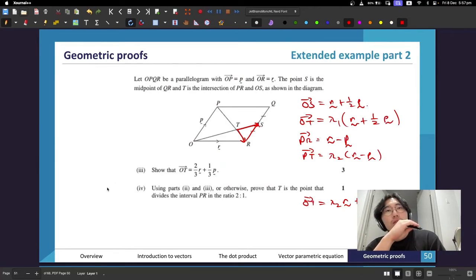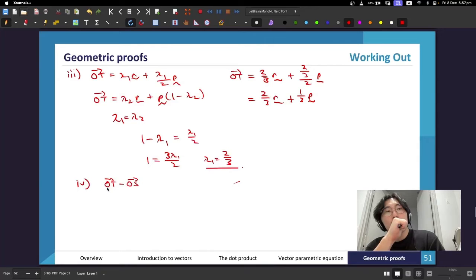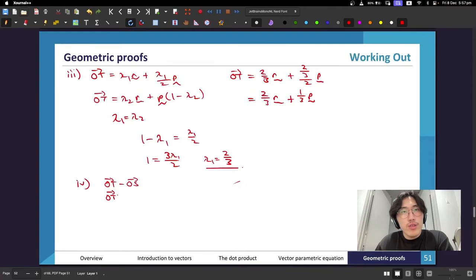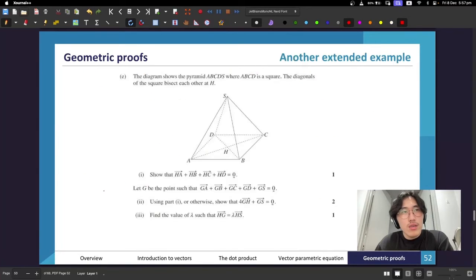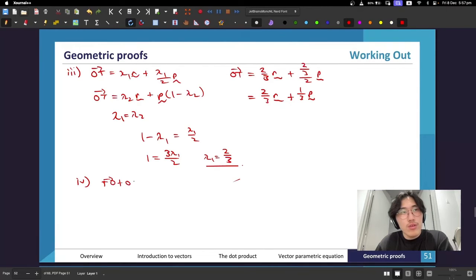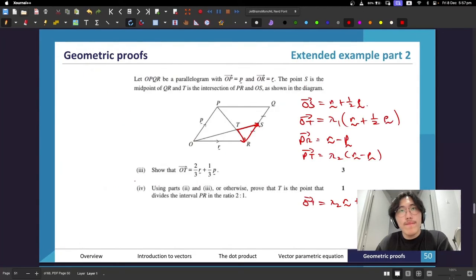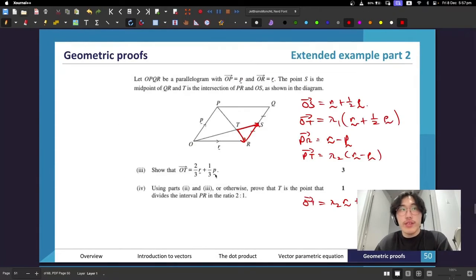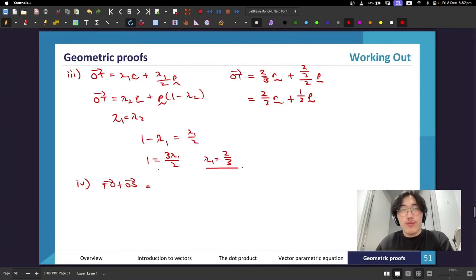To find TS, you'd actually need to do, sorry, this would have to be TO plus OS. Yes, TO plus OS. So TO is just a negative of OT. So actually I was correct before.